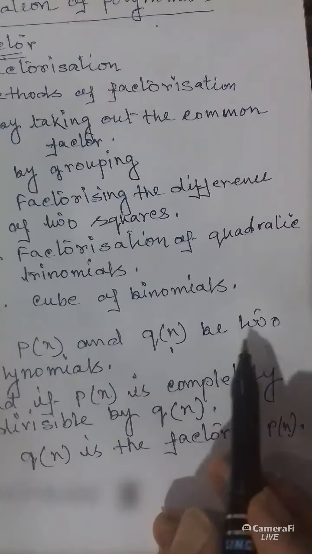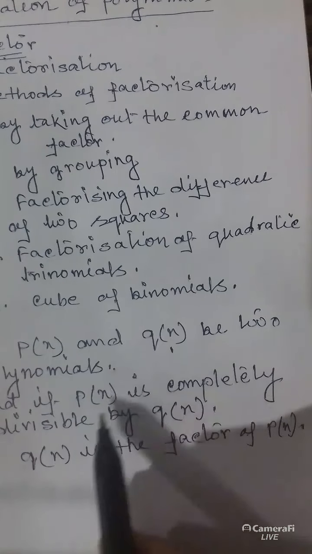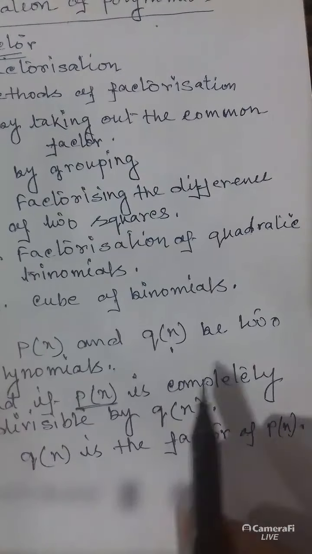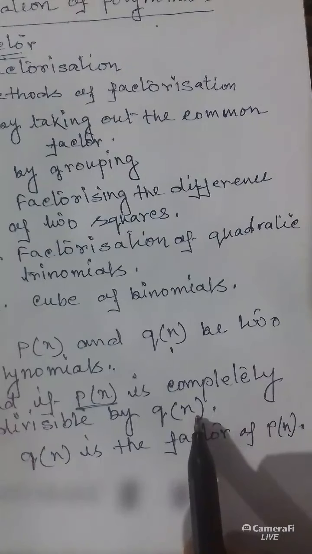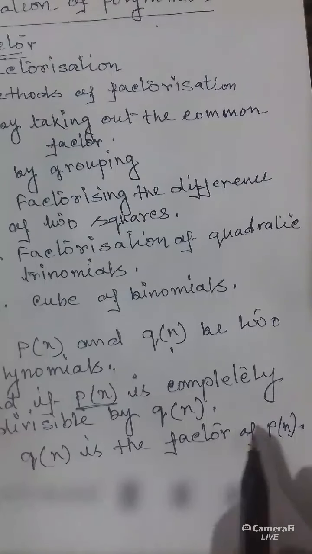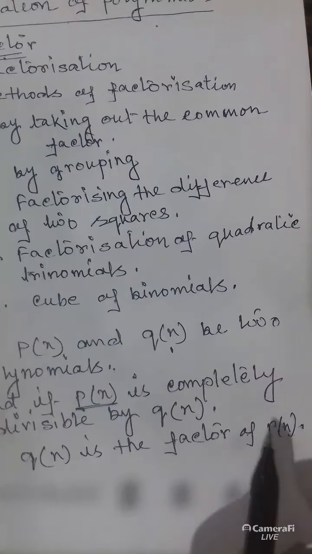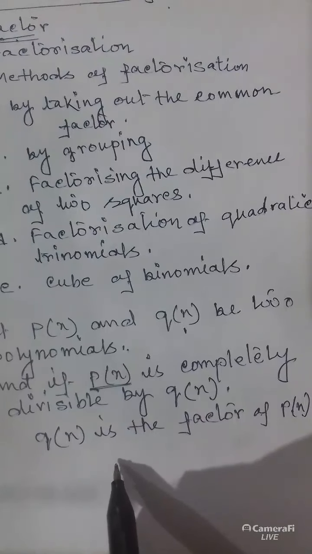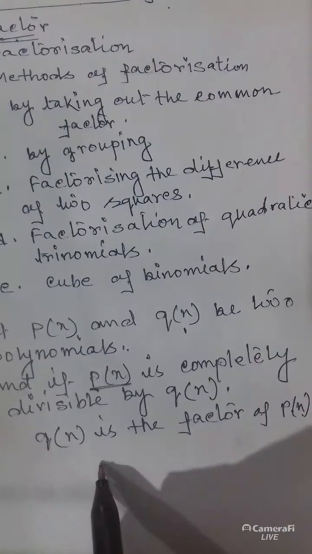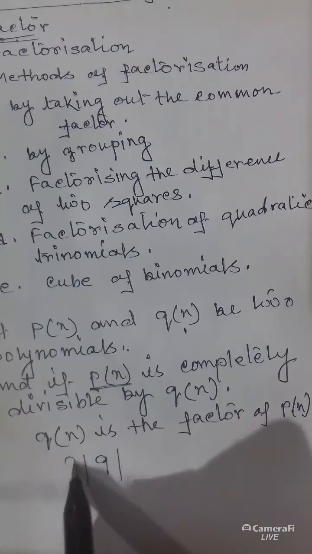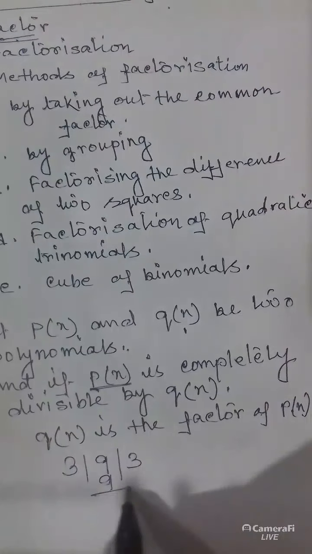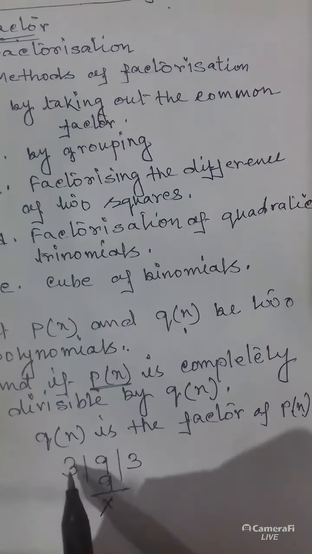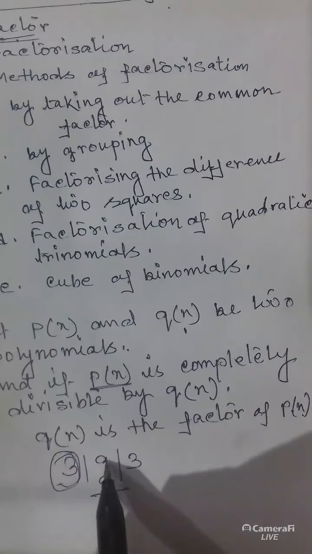Px and Qx are the two polynomials. If Px is completely divisible by Qx, then Qx is the factor of Px. Suppose one example, 9 is divisible by 3. If 9 is completely divisible by 3, then we can say 3 is the factor of 9.